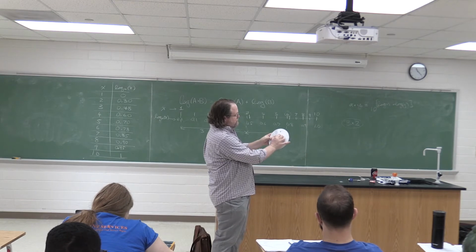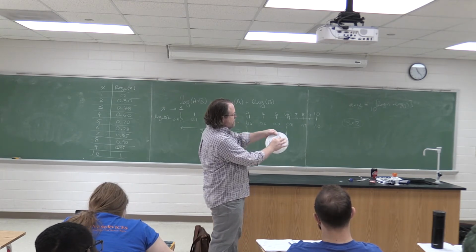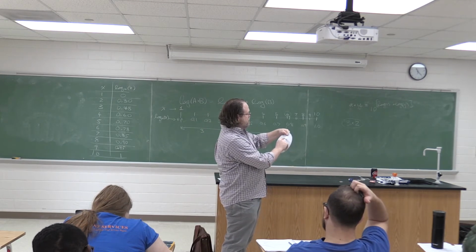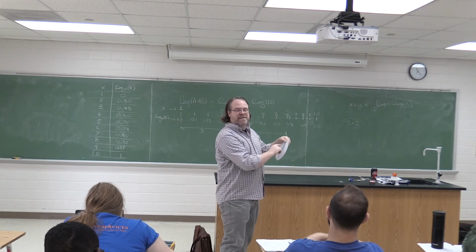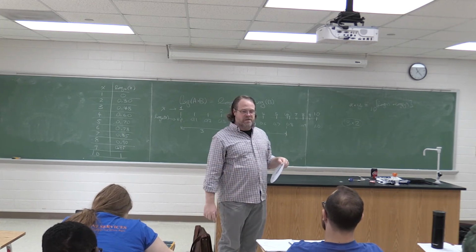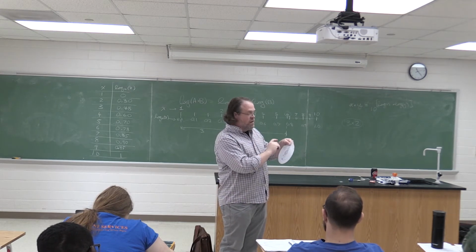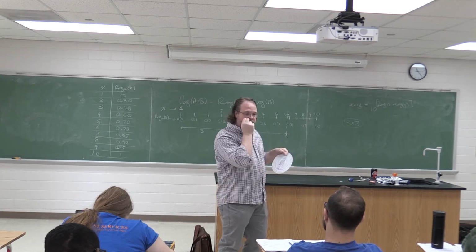If we go to 3, then you'll see 3 squared is 9, and 3 cubed is between 2 and 3, actually. It means 27. It's a little closer to the 3 than to the 2.